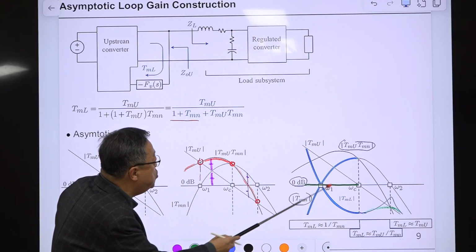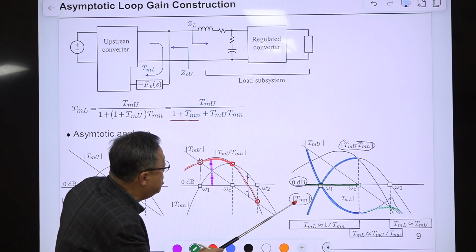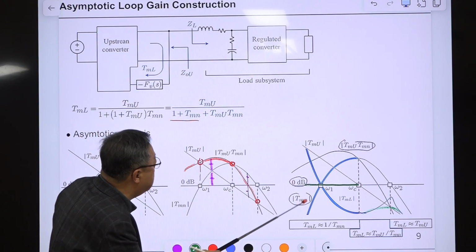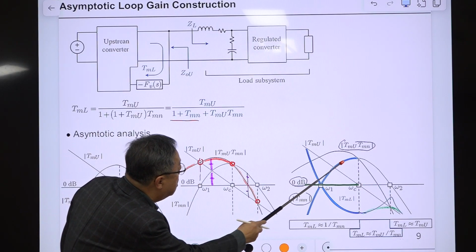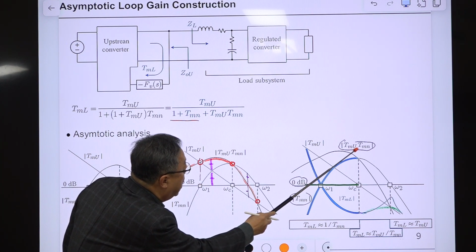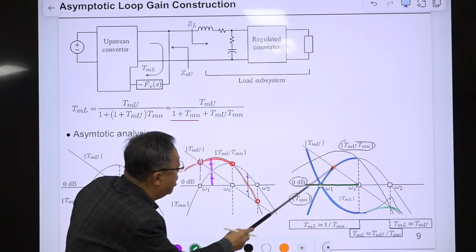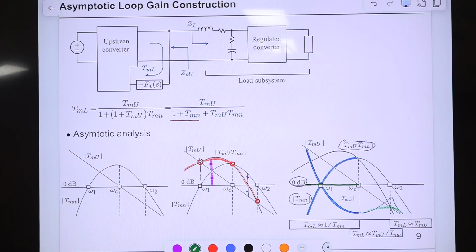And TMU times TMN is this one. So you are comparing 1, 2, and 3. Which one is dominant? 3 is dominant, right? 3 is dominant.